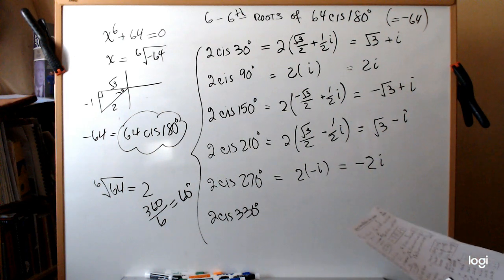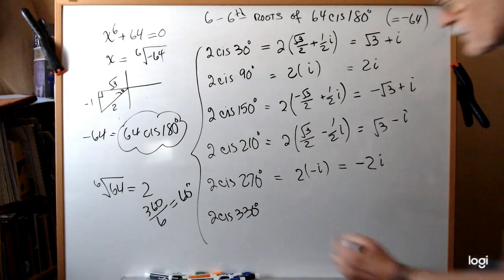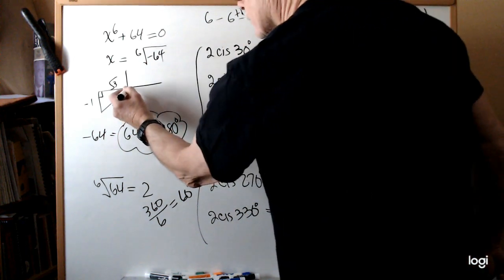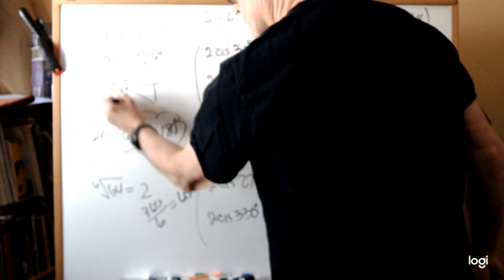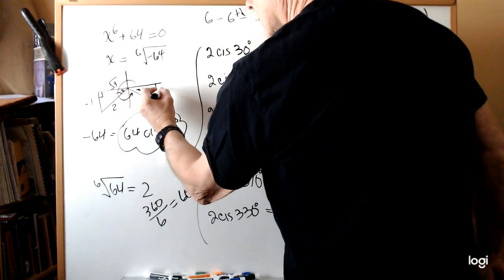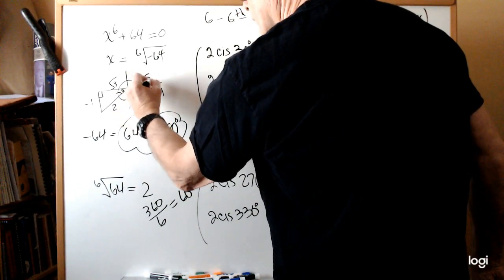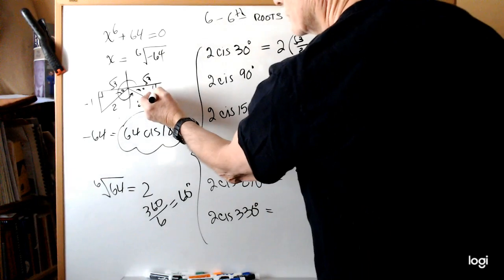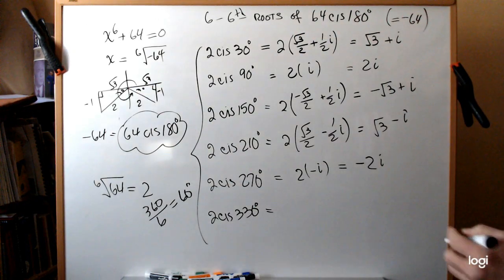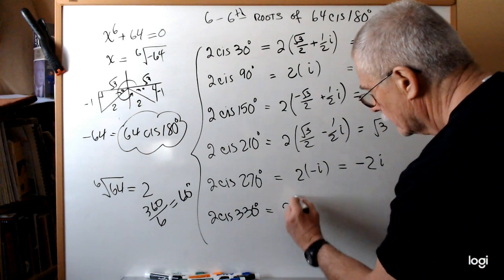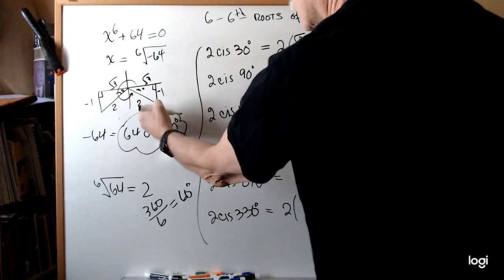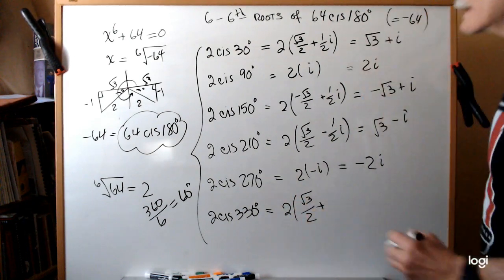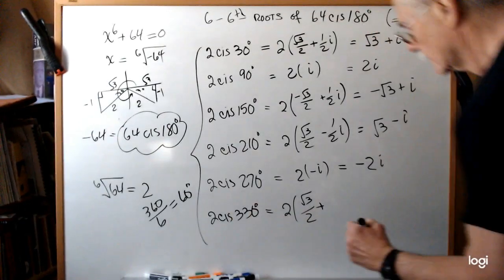Okay. And last but not least is 330. So that would be right here, 330. 1, 2, radical 3. And of course, that's positive because of its orientation. And cosine of 330 is rad 3 over 2. And sine would be negative a half.